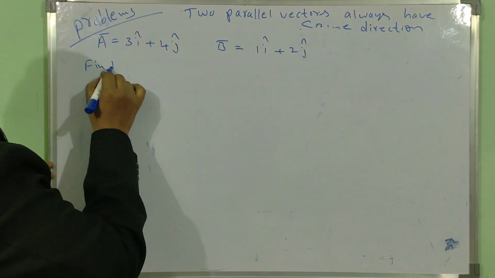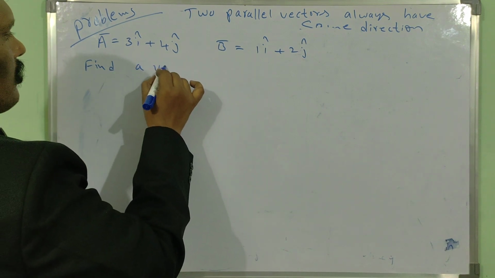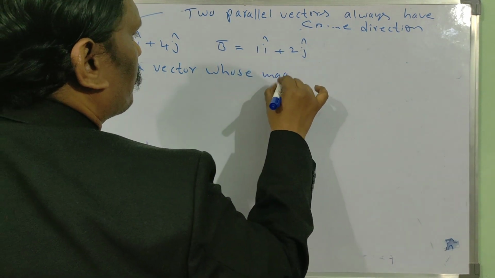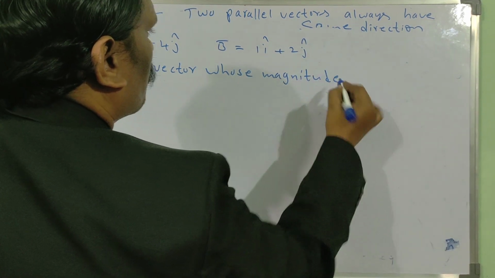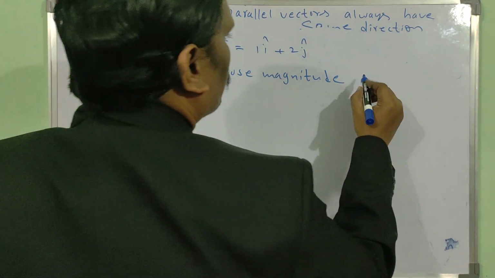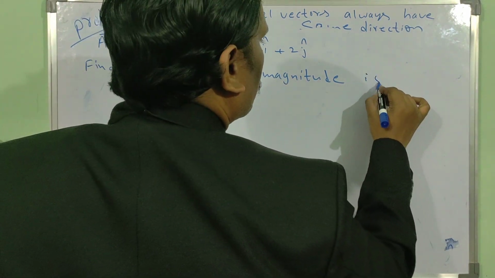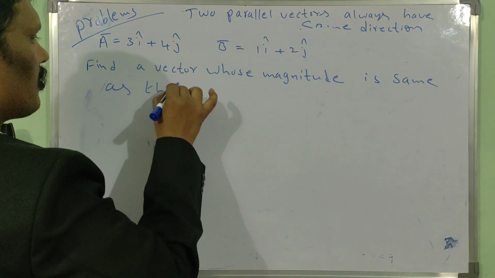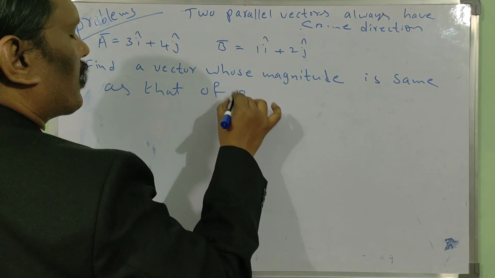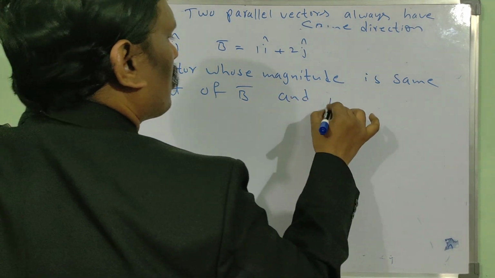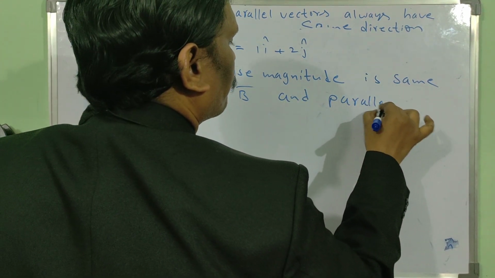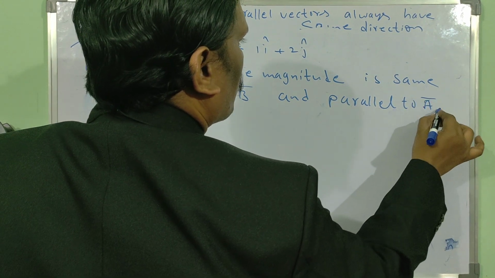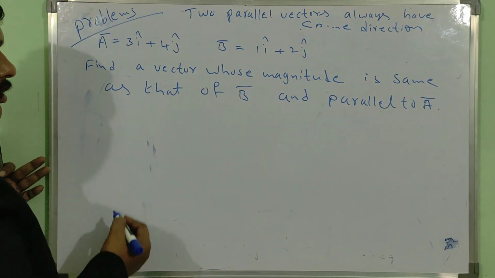Find a vector whose magnitude is the same as that of B bar vector and which is parallel to A bar. Parallel to A bar, how to calculate?